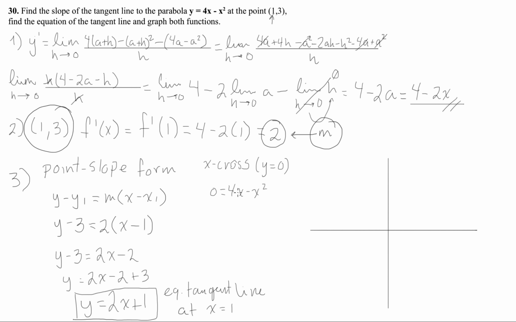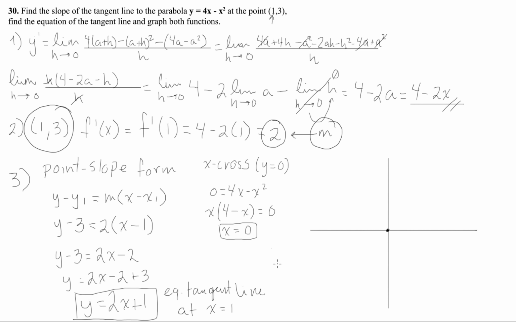Now we can factor out a common factor, so it will be x times (4 minus x) equals 0. So the first intercept will be at (0, 0), that is the origin. So right now it is crossing here.